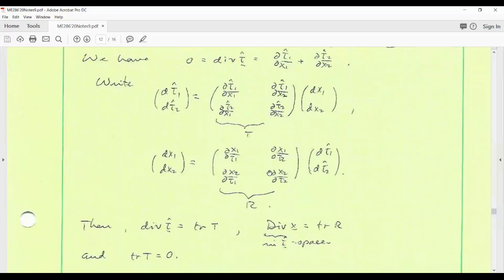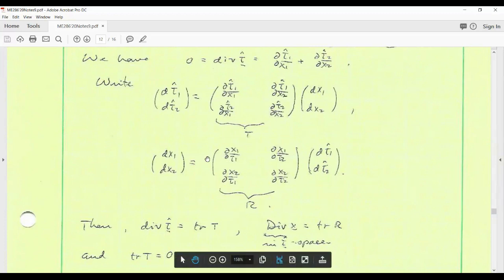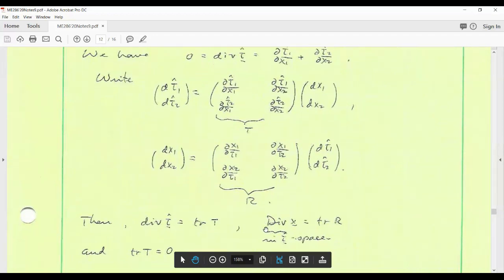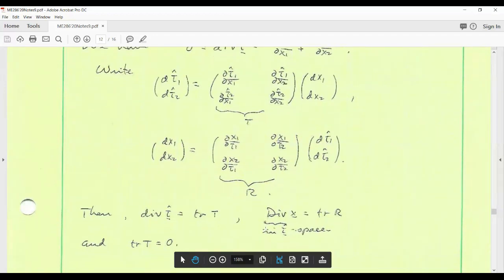So we see that the divergence of tau hat, which has to be 0, that's the sum of the diagonals here. That's the trace of this T matrix, I should say. Let's have a look at the divergence of position X in tau space. I'll write a capital D divergence so you don't confuse it with this kind of divergence in X1, X2 space.